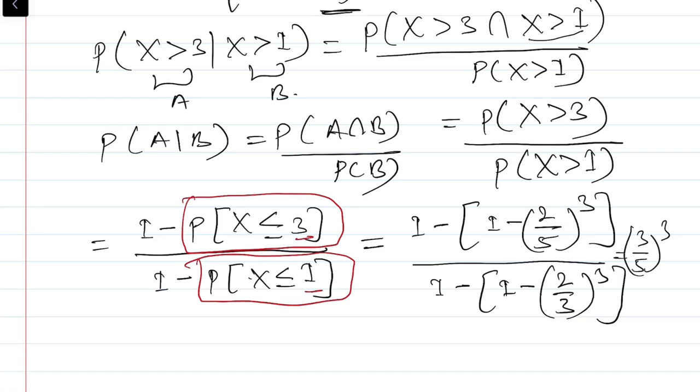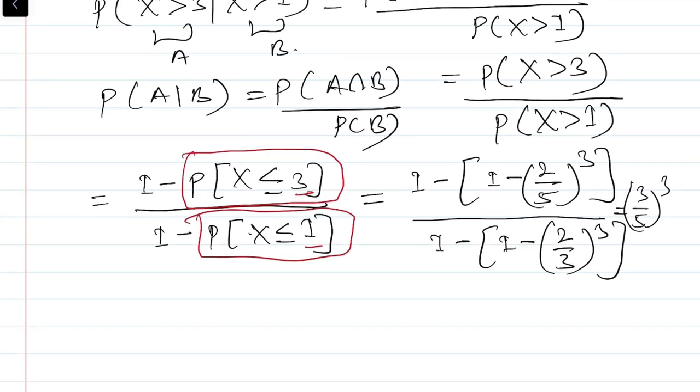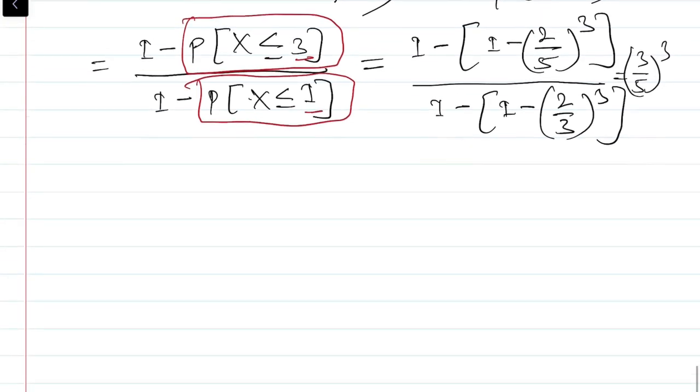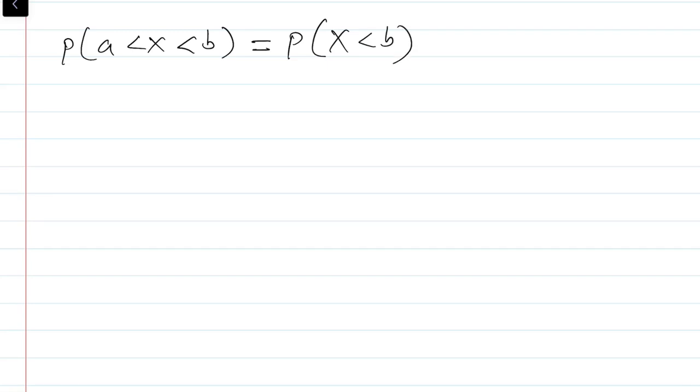All right, now let me give you some tricks to help you in solving some questions. Whenever you are asked to calculate the probability when x is greater than a and less than b, you can change this into the form P(x less than b) minus P(x less than or equal to a).